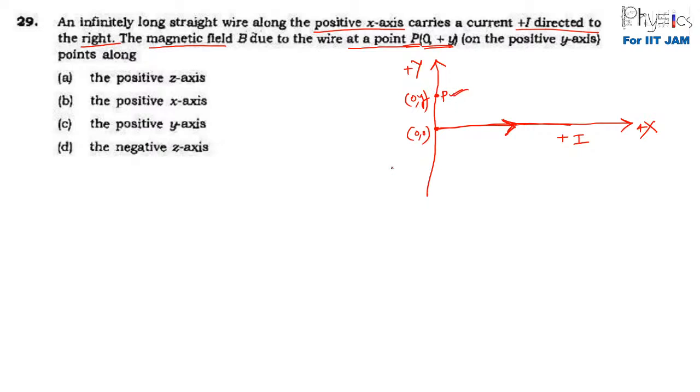Okay, now what was the rule to answer this question? What was the rule to find the magnetic field at point P? Do you remember it? Suppose this is the direction of current, our plus I, right?